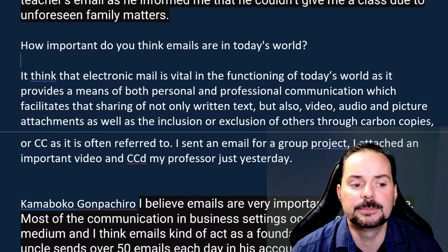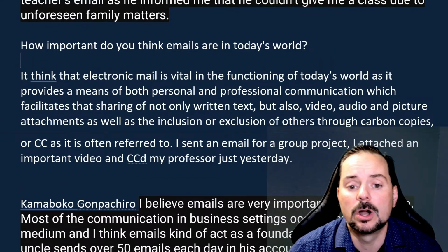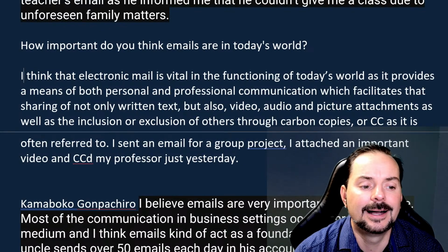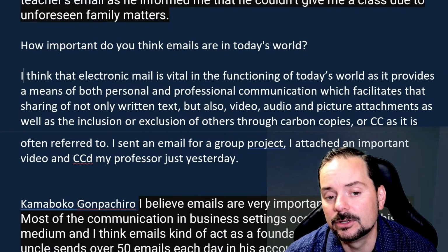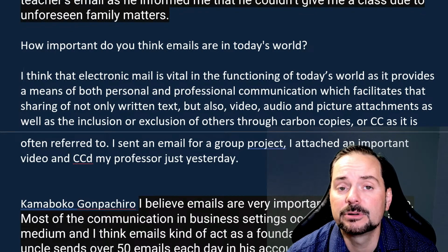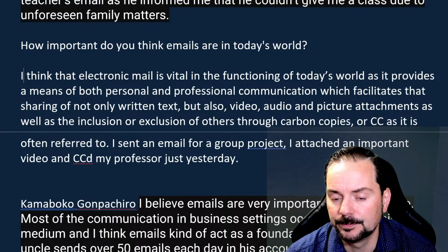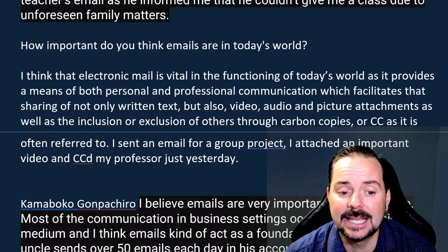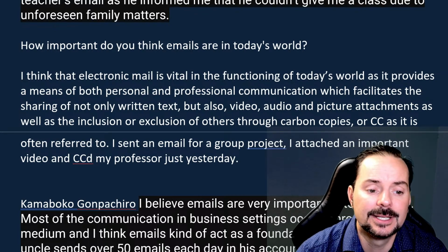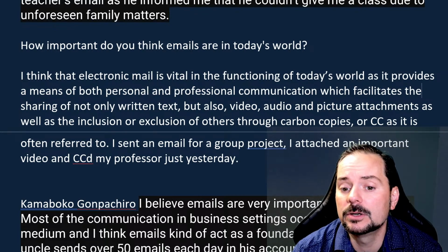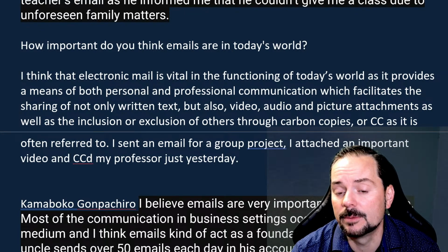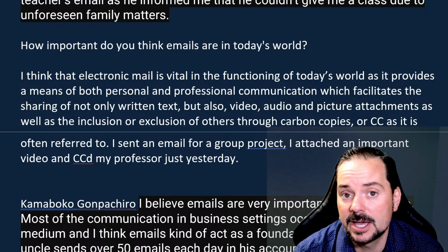Students, just repeat after me. So how important do you think emails are in today's world? I think that electronic mail is vital in the functioning of today's world, as it provides a means of both personal and professional communication, which facilitates the sharing of not only written text, but also video, audio, and picture attachments, as well as the inclusion or exclusion of others through carbon copies, or CCs, as it is referred to.